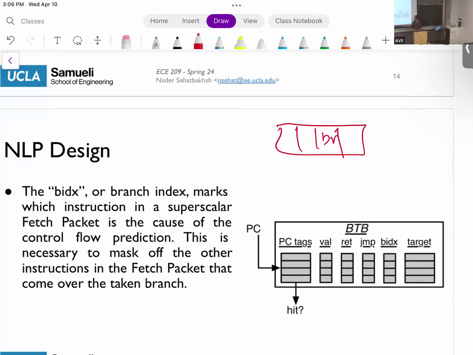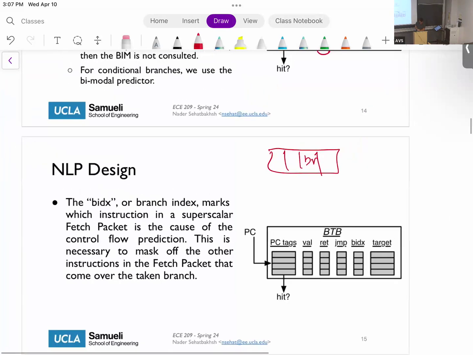So this saves which of these are indeed a branch. Because we could have many different instructions, you need to know which of them was the relevant PC and mask the others. Or sometimes you could have multiple branches in your 4 instructions. So this is telling you which one to look at for each of these units.